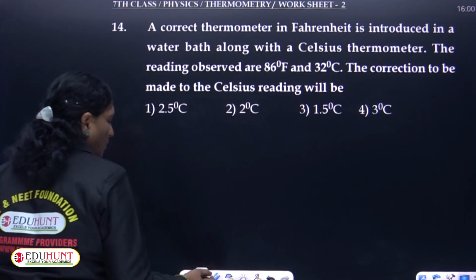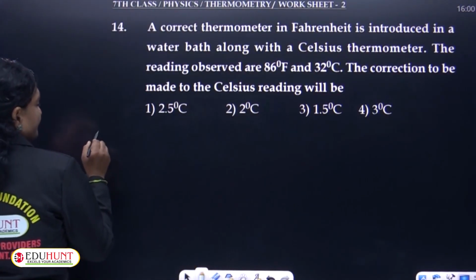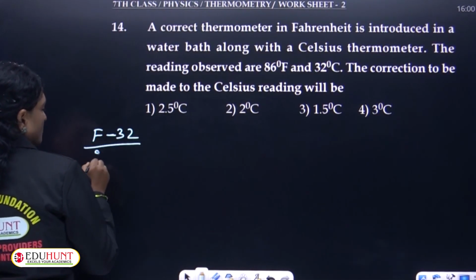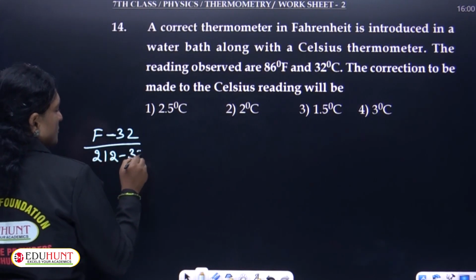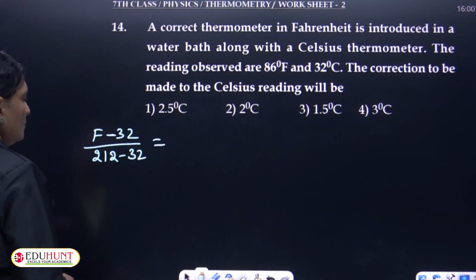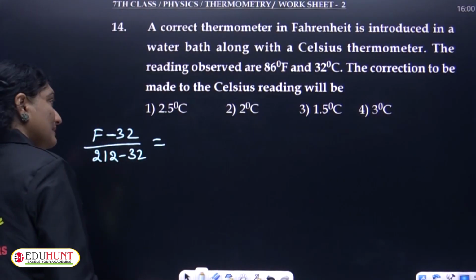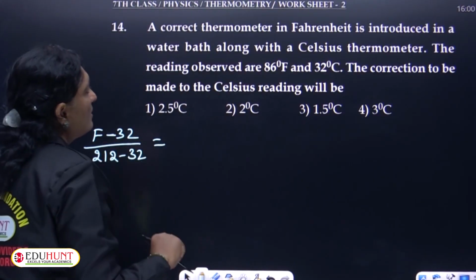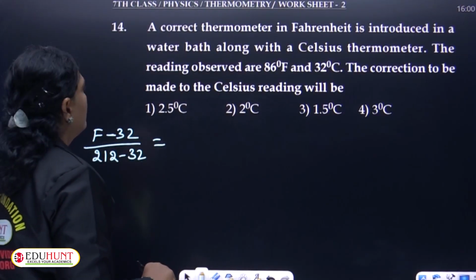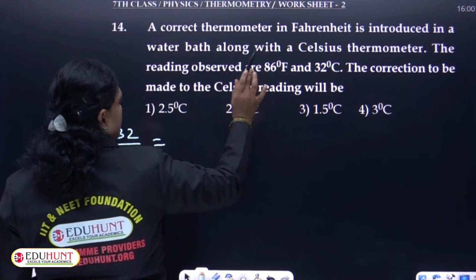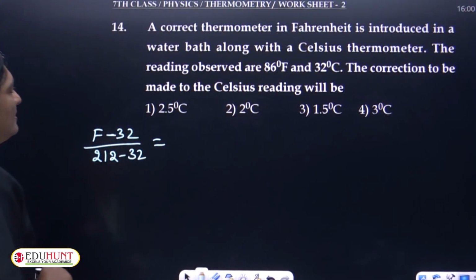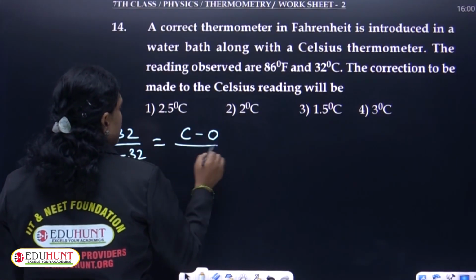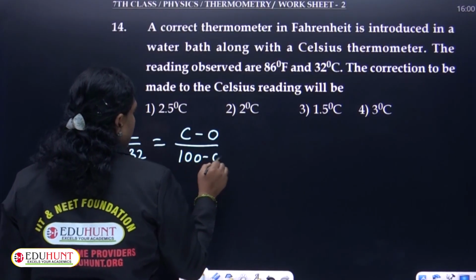Hence, comparing only the Fahrenheit scale, we have (F minus 32) upon (212 minus 32). This is the original Fahrenheit scale. For the given values, 86 degrees F was given, nothing else. Comparing with the original Celsius scale, we have (C minus 0) upon (100 minus 0).